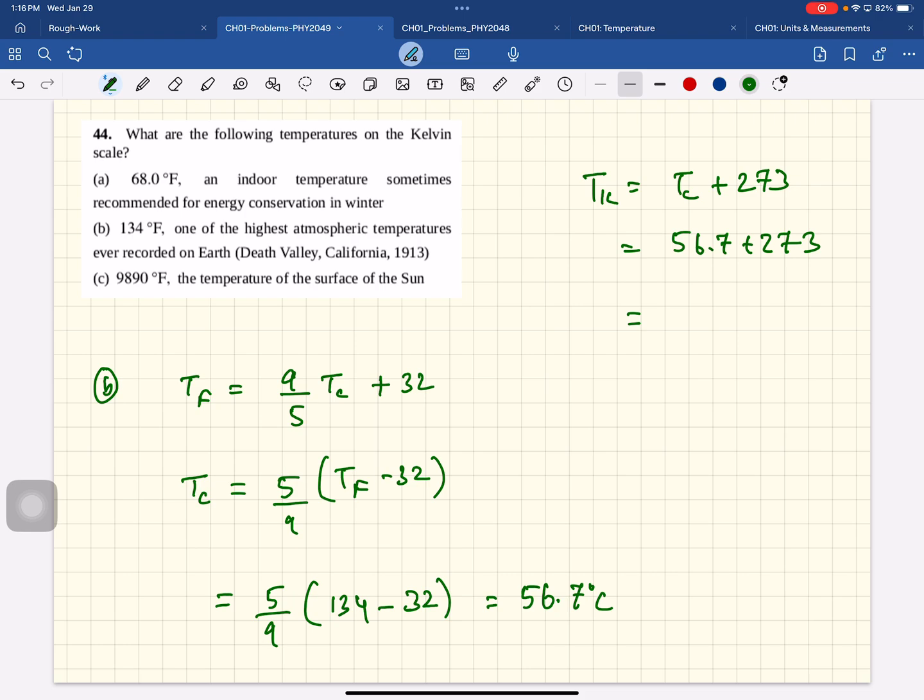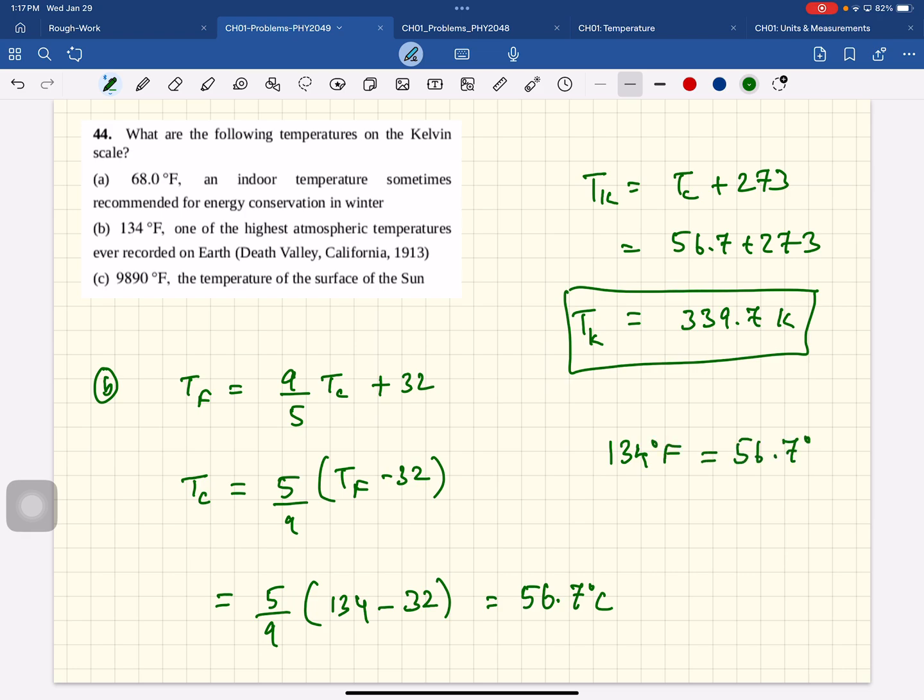What we found is that 134 degrees Fahrenheit is 56.7 degrees Celsius, which is 339.7 Kelvin.